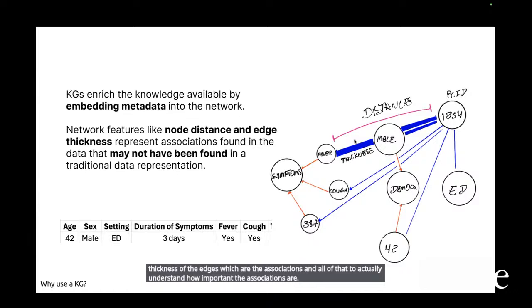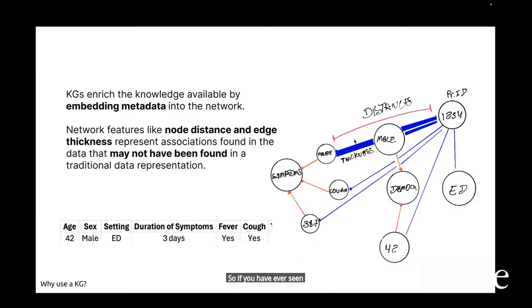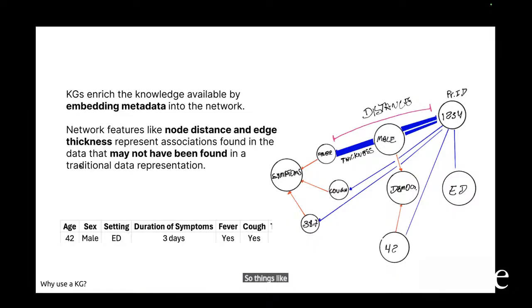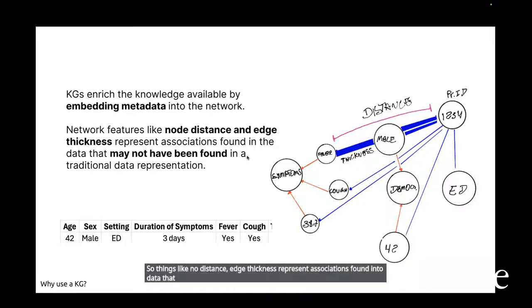If you have ever seen some type of network analysis, it ties back to the knowledge graph in a similar fashion. So things like node distance and edge thickness represent associations found in the data that you as a human would not be able to find looking at the table, right?